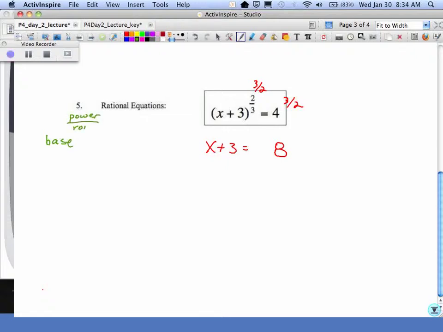When you look at a rational exponent, you're taking a base and raising it to a fraction. The number on top is your quote-unquote power. The number on the bottom is your quote-unquote root. For the last couple of days, I've been talking about what you have to do if the even power is there and you take it away.